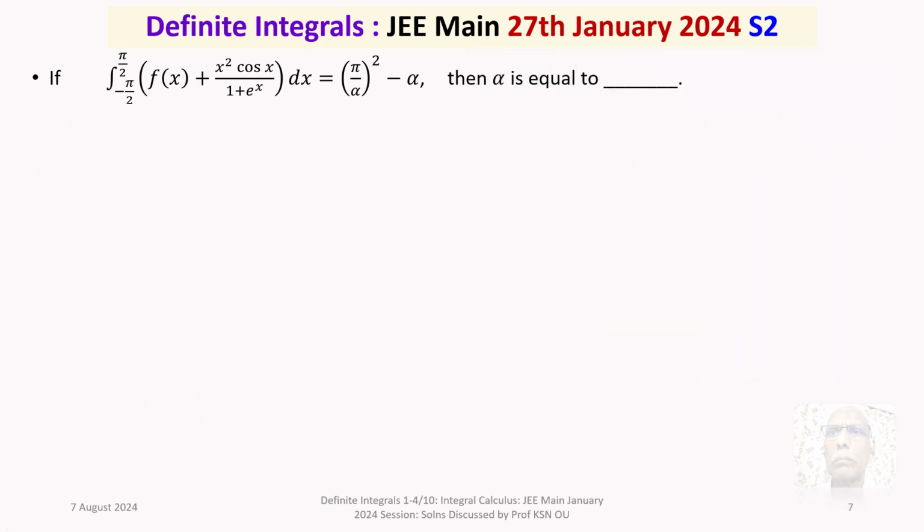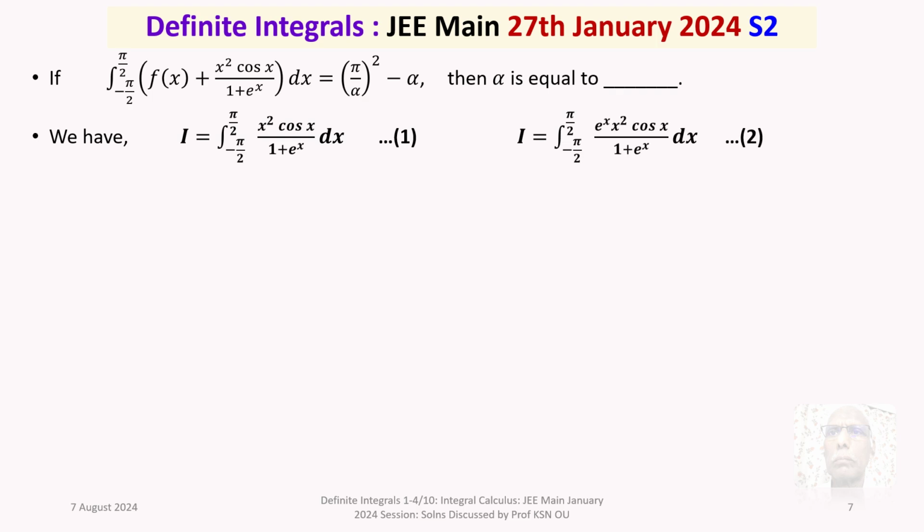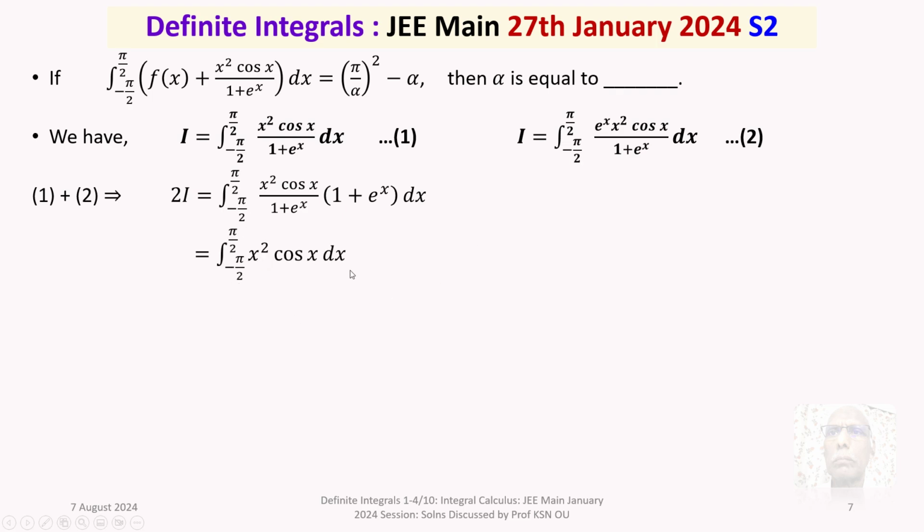Right. What we have, first one and the second one. Now we add these two. 1 plus 2 will give you I plus I, 2I is equal to integral minus pi by 2 to plus pi by 2 of x square cos x by 1 plus e power x, with e power x common, so in brackets 1 plus e power x, this will cancel, and you will get integral minus pi by 2 to plus pi by 2 of x square cos x.